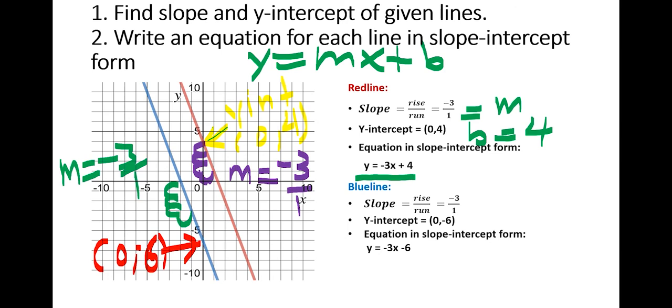Now for the blue line, we know our slope is negative 3 over 1. When we simplify, we can rewrite it as negative 3. And our b here is the y value of the y-intercept. The b is negative 6. When we plug into the equation, we have y equals negative 3x minus 6.